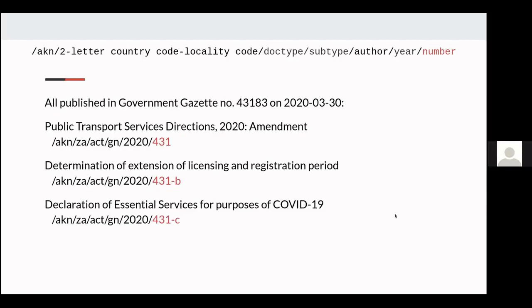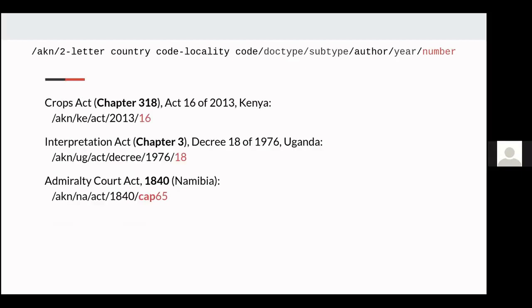For chapter numbers, which are very commonly used in a lot of countries in Africa, we don't use those as part of the FRBR URI, even though they are expected by practitioners, because firstly, they get reassigned and reused, so they're not unique.